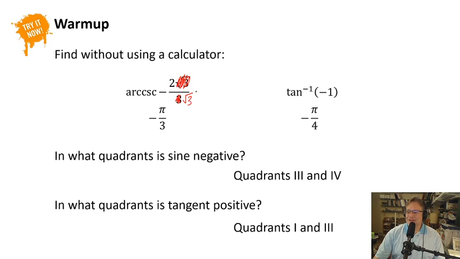So another way of writing this would have been the arc cosecant of negative 2 over square root of 3. And if an angle has a cosecant value of this, then it's going to have a sine value of this. Now it becomes a lot more straightforward as to which angle this is.